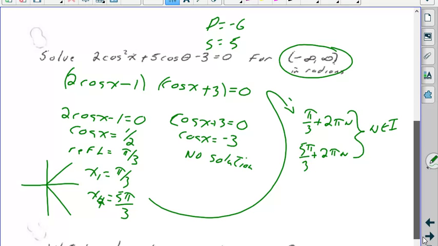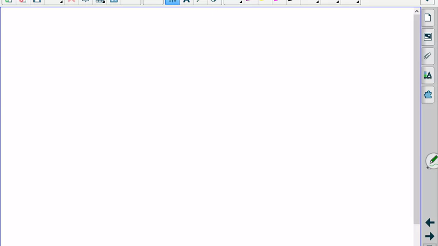Now, if we were to think about this graphically, we have the ability to graph each of those functions. 2 cos x minus 1 has a midline at, oops, I put that midline in the wrong spot.